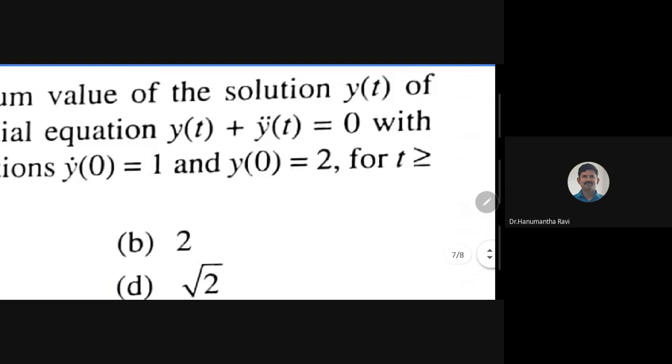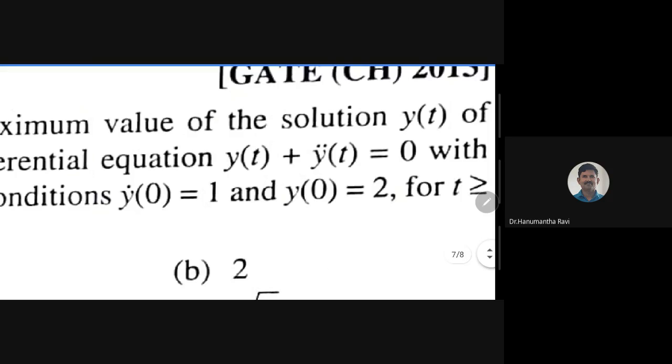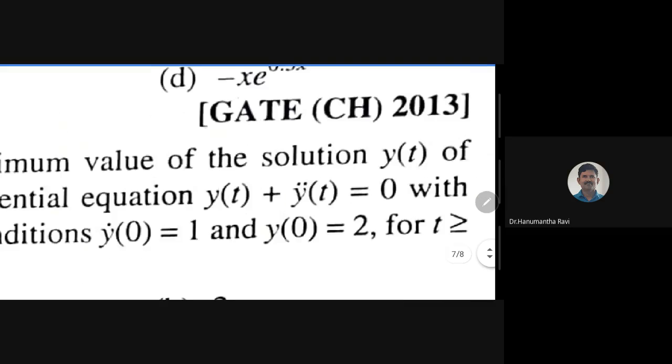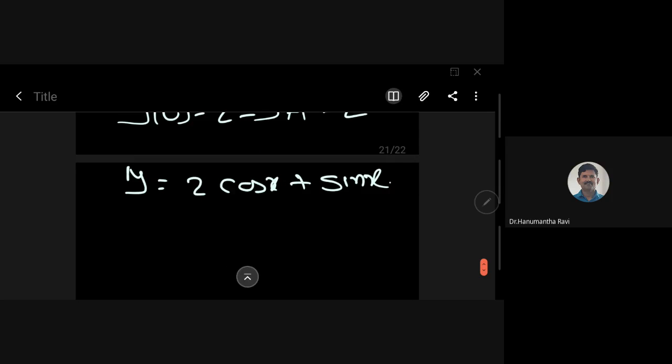But he is asking for t greater than or equal to 0, the maximum value.